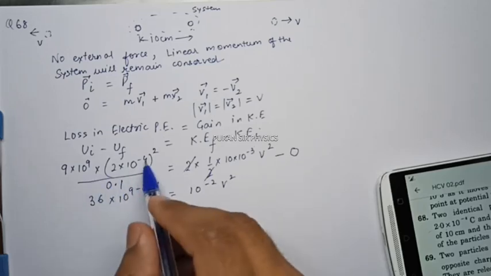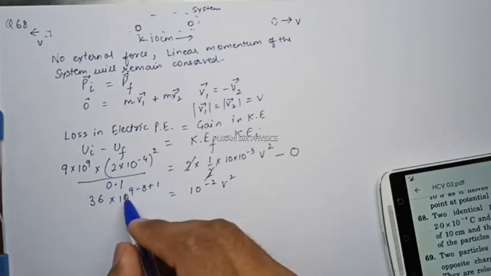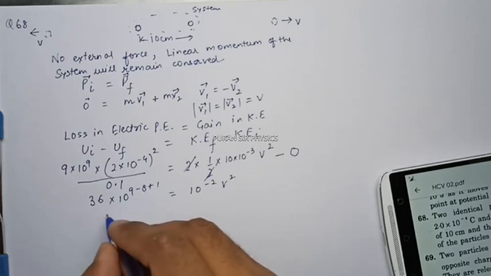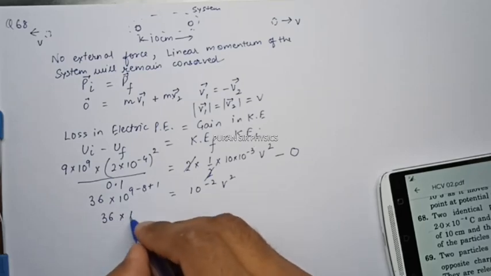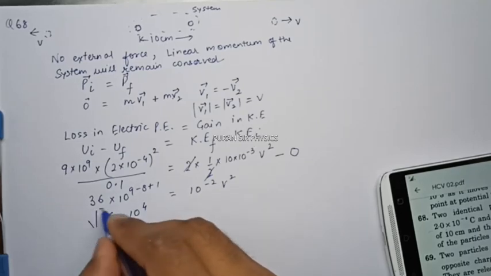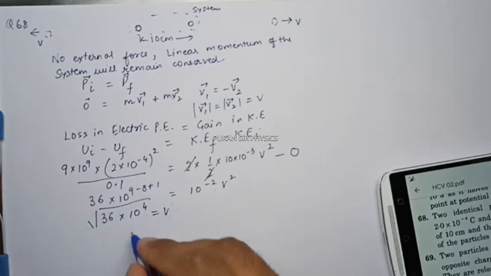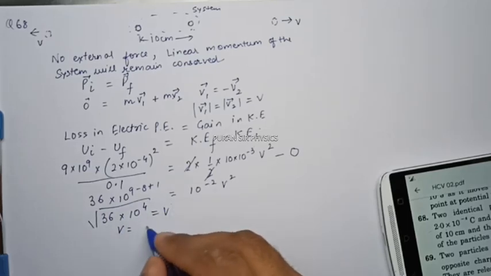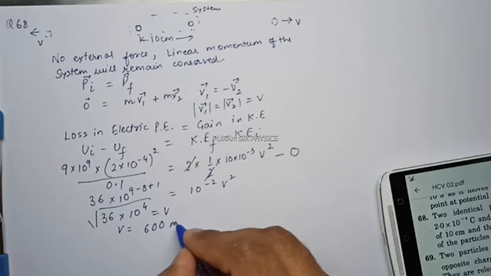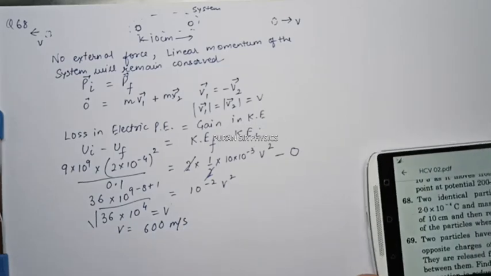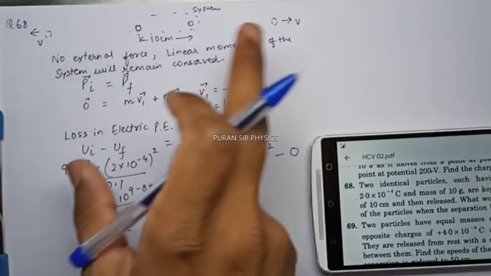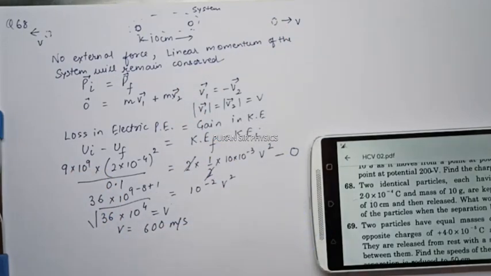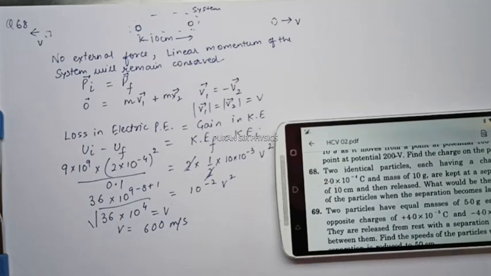And if we solve this, it will become 36 into 10⁴. So this is your v squared, so the speed will be 600 meter per second. So both the particles will be moving away from each other, when the separation is large, with a speed of 600 meter per second. So this is the answer of question number 68.